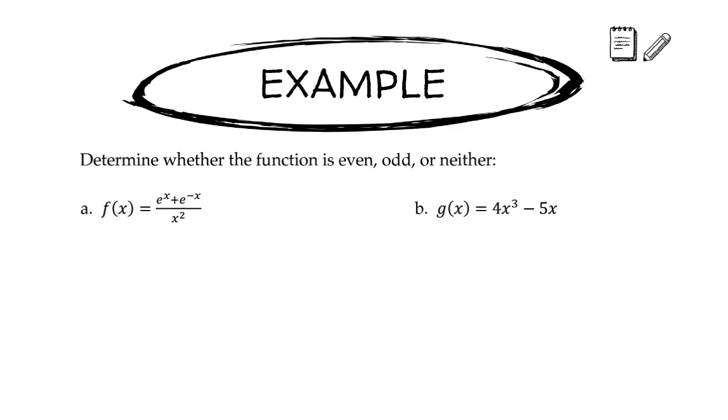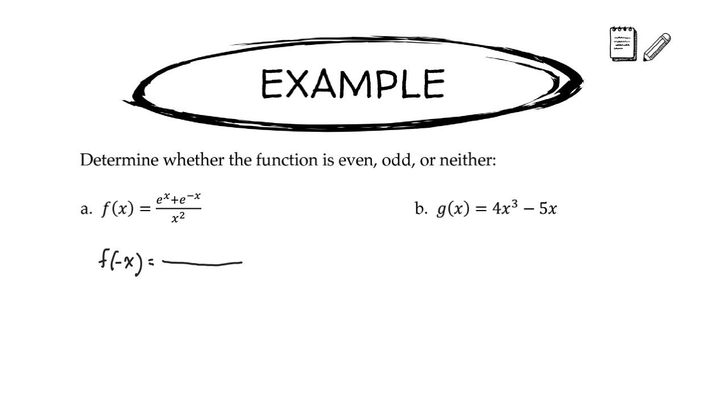Let's take a look at an example. In this example, we're asked to determine whether the given functions are even, odd, or neither. One way we could do this is graphically, but since we don't have a grapher ready, we'll use algebra instead. To determine whether a function is even, odd, or neither algebraically, we simply plug negative x into the function and see what happens.